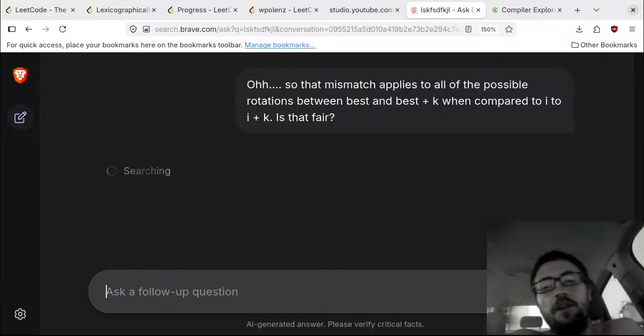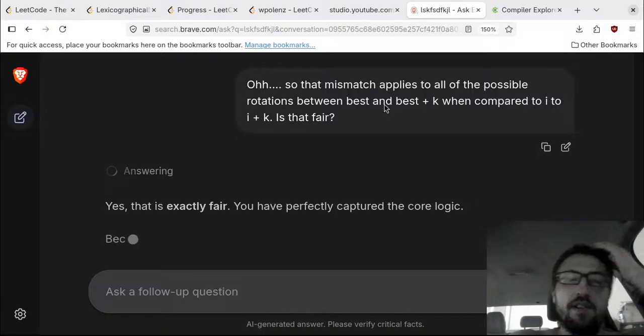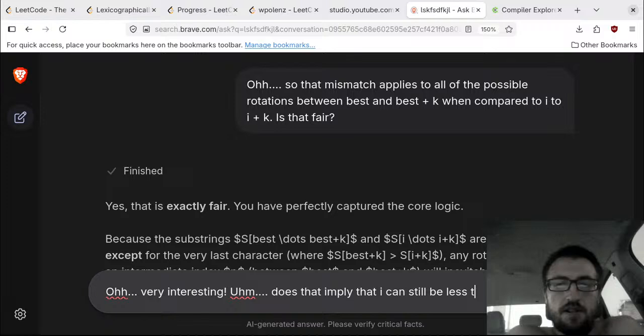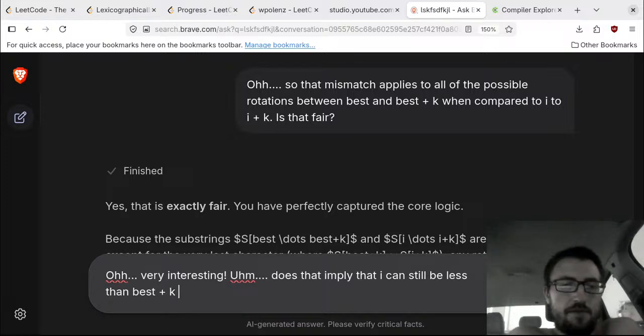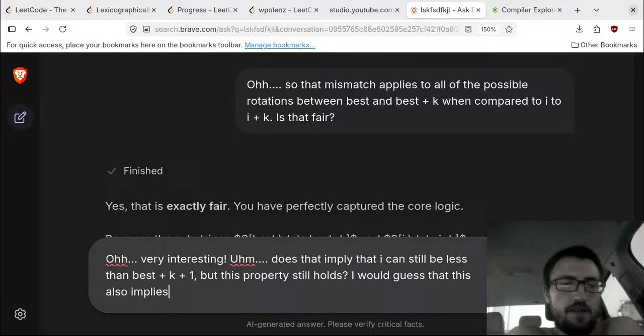That mismatch will eventually cause all of those to be larger. That implies it can still be less than best plus k, and the property still holds. I'd guess this also implies that i is greater than or equal to best.